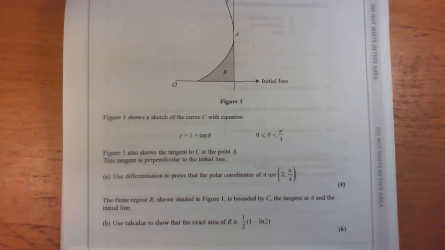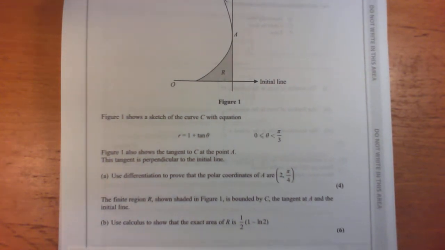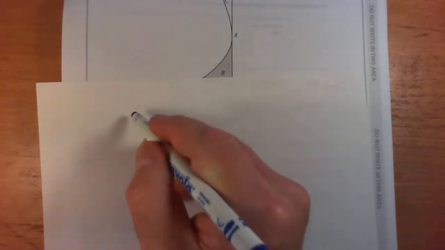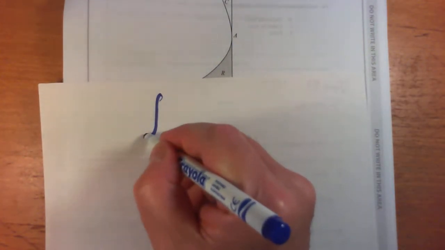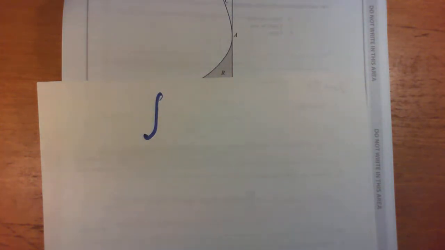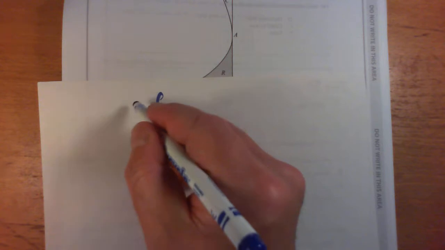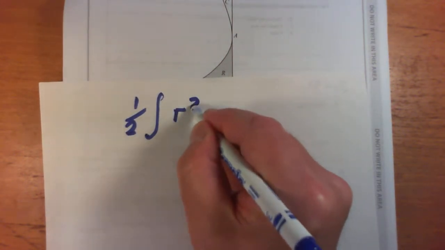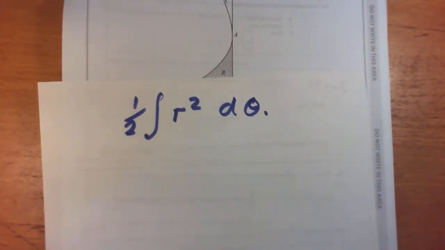The second bit is to find out what the exact area of R is. So this involves integration. Now the integration would be half r squared d theta.